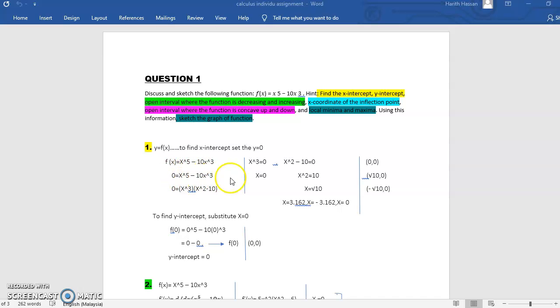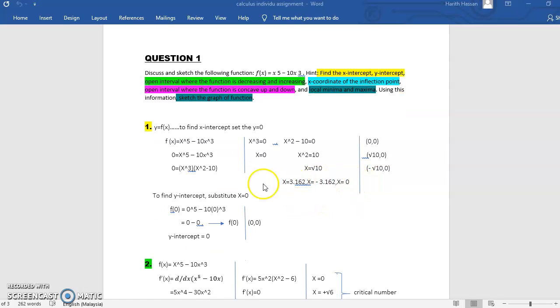When we calculate, we will get the x-intercept. After that, we just substitute x equal to 0. We plug it into this equation, and we will get the y-intercept.